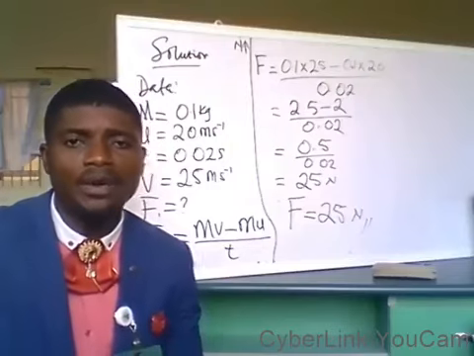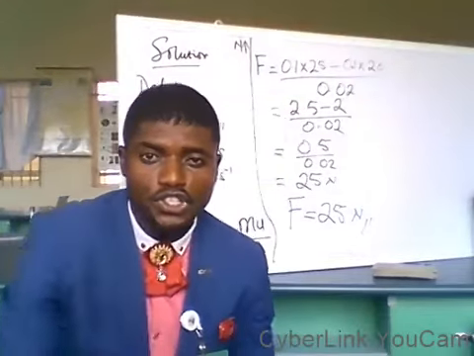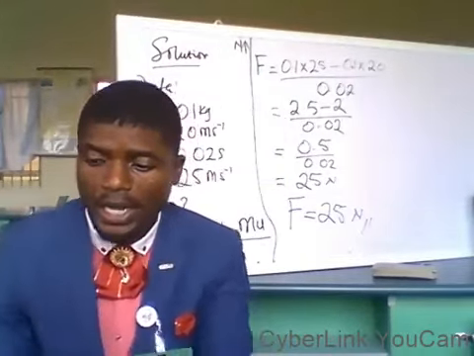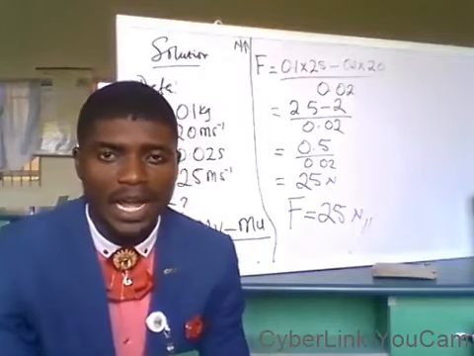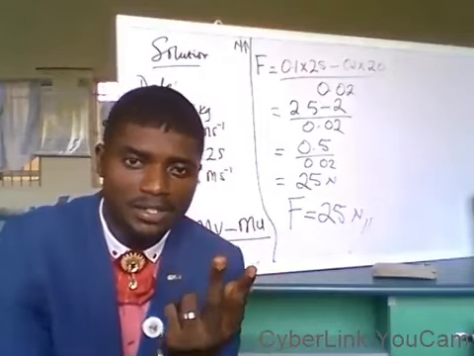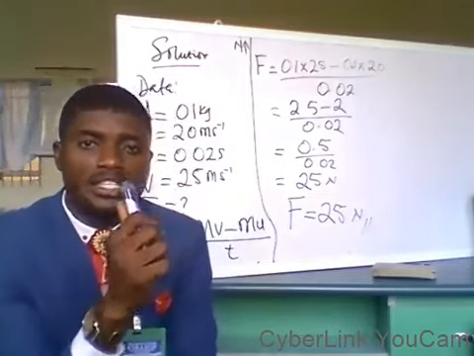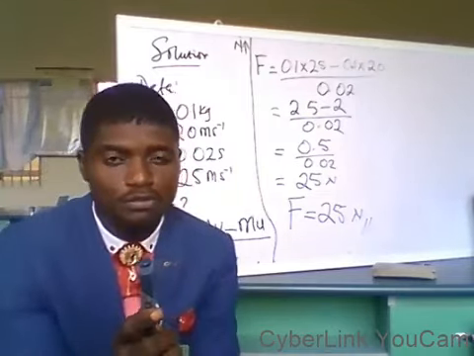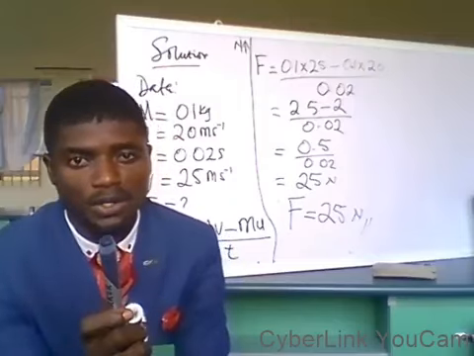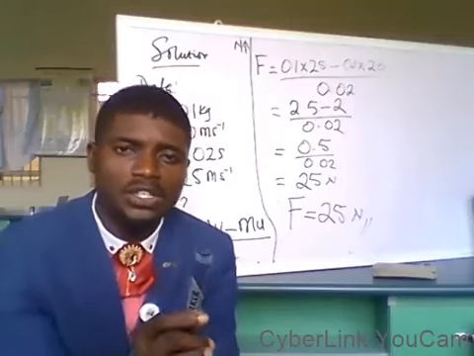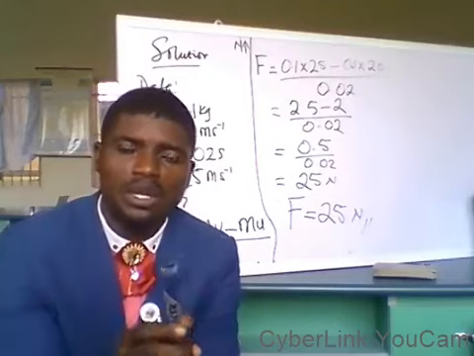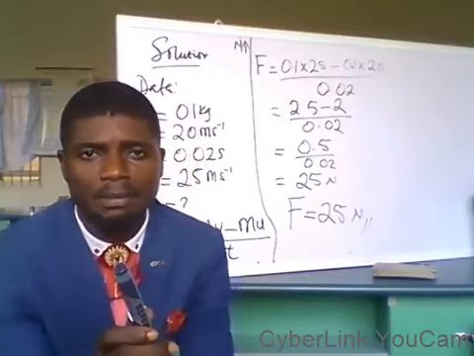In summary, we said momentum is defined as the product of mass and velocity. It is measured in the SI units of kilogram meter per second. Impulse is defined as force times time.